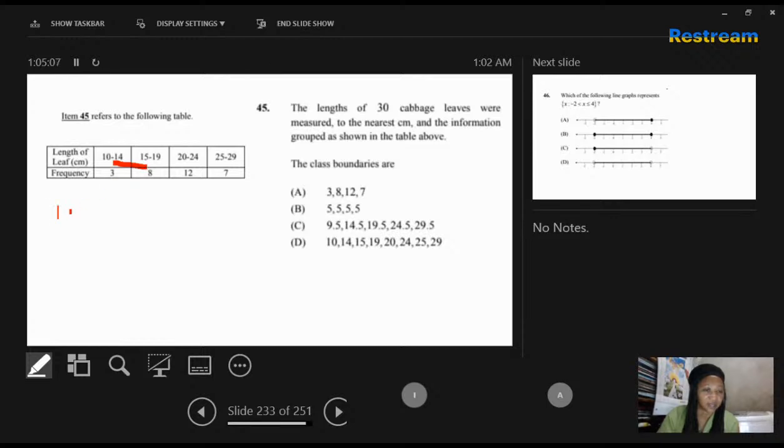So 15 minus 14, which is 1, and we divide that by 2, so that's 0.5. So we need to subtract 0.5 from the lower ends and add 0.5 to the upper ends. So which one of these would that give?